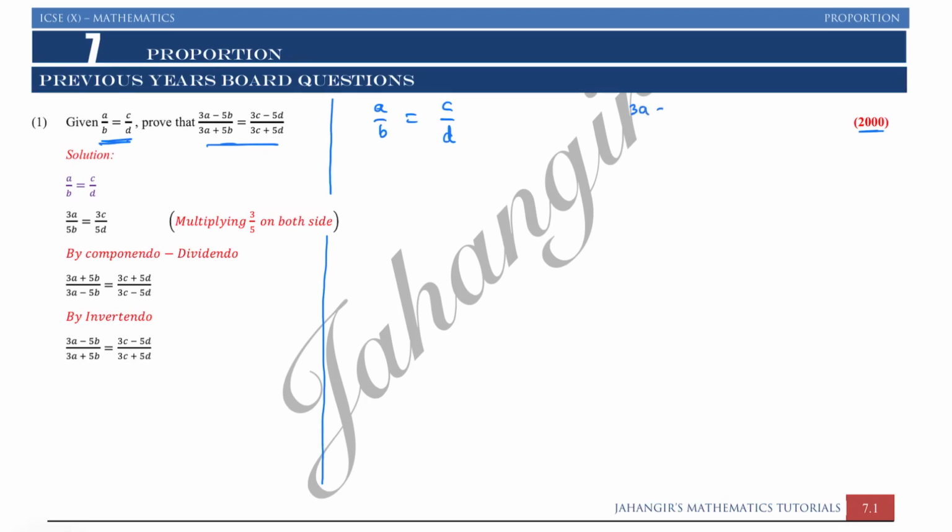We want (3a minus 5b) upon (3a plus 5b). As you see, plus is in the denominator, is equal to (3c minus 5d) upon (3c plus 5d). So what we will do, first we will multiply 3 by 5 on both sides.